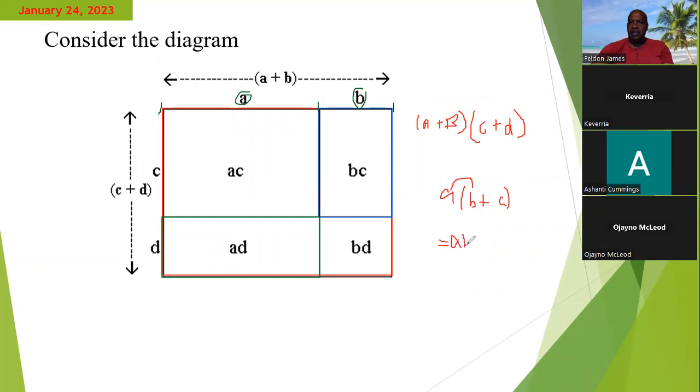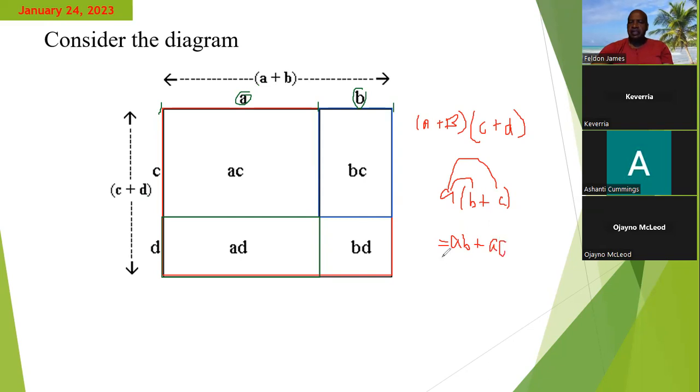Then we take the A again to multiply the C, but we're going to maintain what sign we have in the brackets. Once the term outside is a positive term, you keep the same sign that you have in the brackets. So we have now A times C, give you AC.